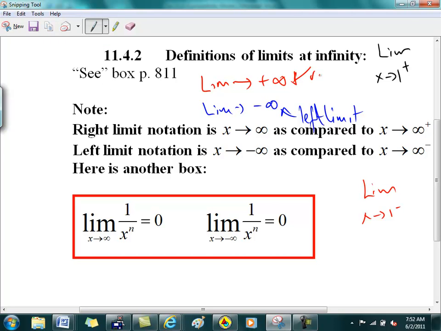This is the right limit. Unlike these other things that I have, okay? Unlike this. In other words, the difference is here the plus is a superscript up at the top. You don't have that for infinity.